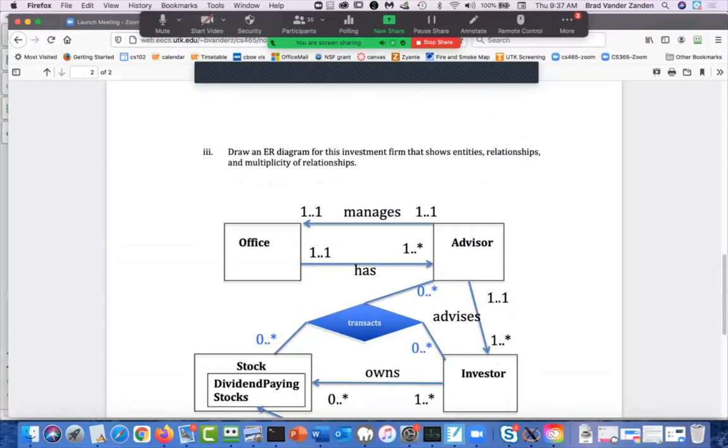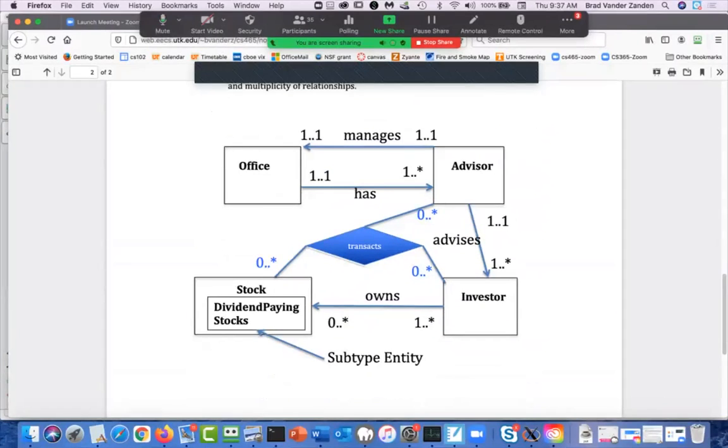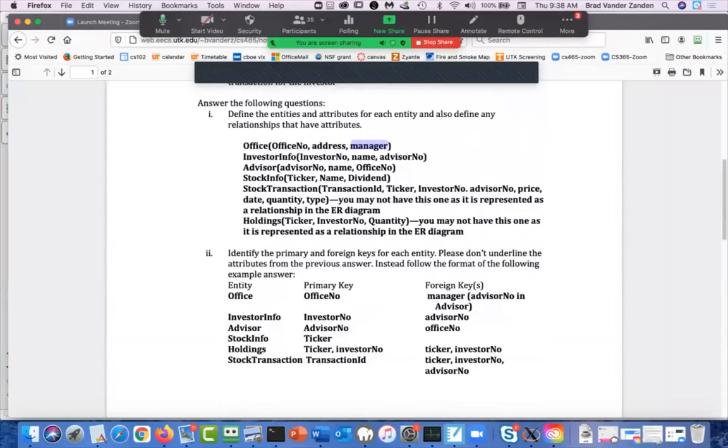Which leaves us with one thing to do. I still haven't told you how I came up with these multiplicities on these edges. And this is where having come up with the stock transaction relation here helps, because now we can start to concretely try to think of stock transactions.